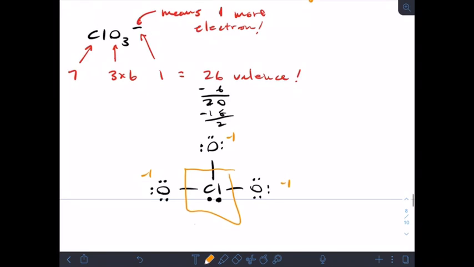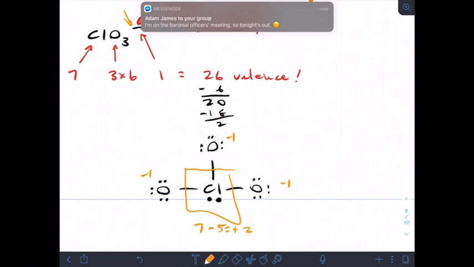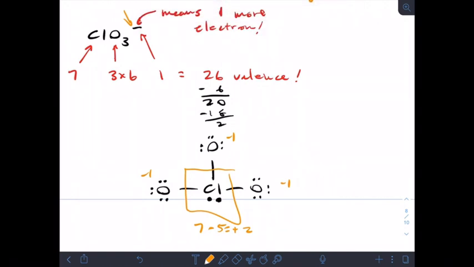Right now the chlorine has 7 minus 5, which makes it a plus 2. Can I get that lower? The whole point is that my formal charges should add up to my ion charge, right? So I've got +2 -3, which gives me a -1. Great, cool. But can I get those formal charges lower by changing my bonds?